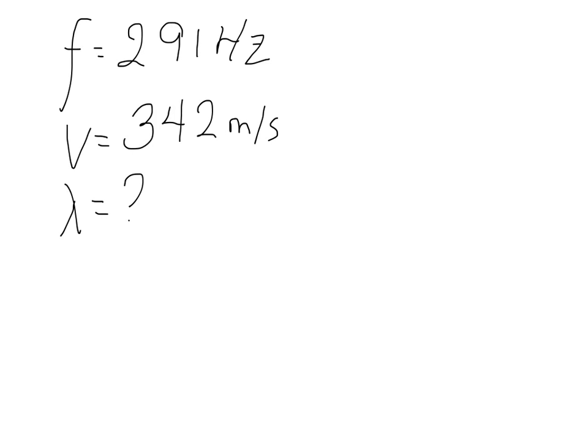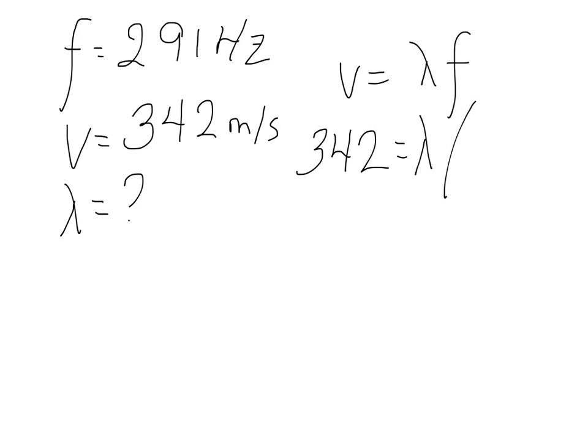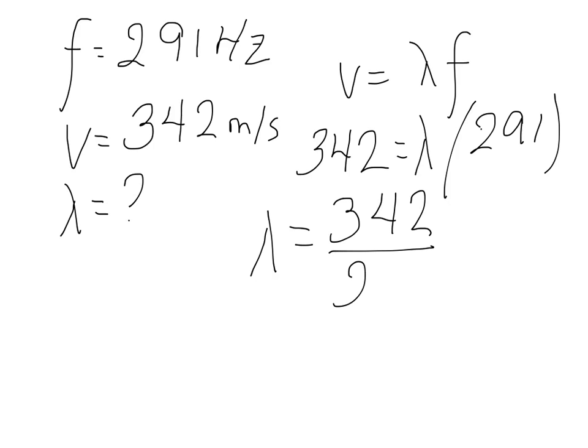So we know velocity is equal to wavelength times frequency. So 342 is equal to wavelength multiplied by 291. So that means wavelength is equal to 342 divided by 291, which, looking at it, we know it's going to be more than 1, and it is.